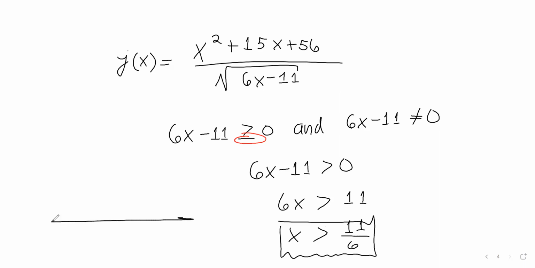So when we plot this on the number line, we will use an open circle, since the inequality symbol no longer contains that equal to sign. And again, I'm going to shade all values of x on the number line greater than my fraction. So that's what it would appear as.